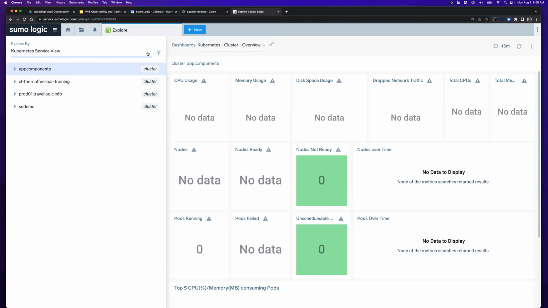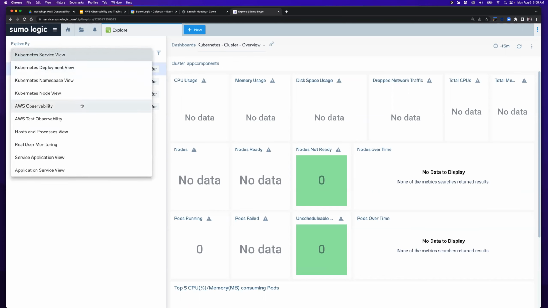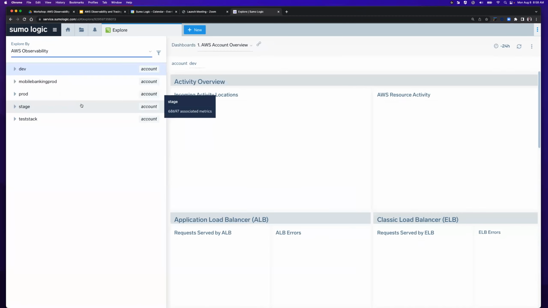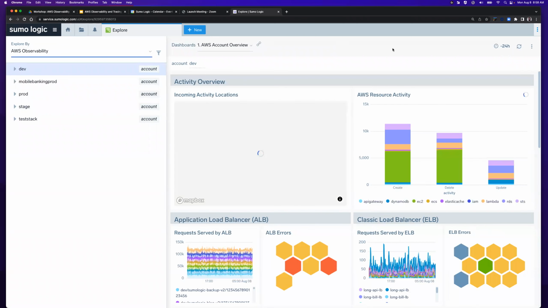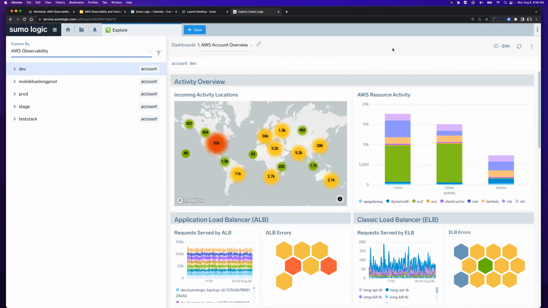What I want us to do is go to the Explore by on the far left and select AWS Observability. That should open up something virtually identical to what I'm looking at. Might take a moment to load, might not, but now what are we looking at? What we're starting to look at is our AWS data.